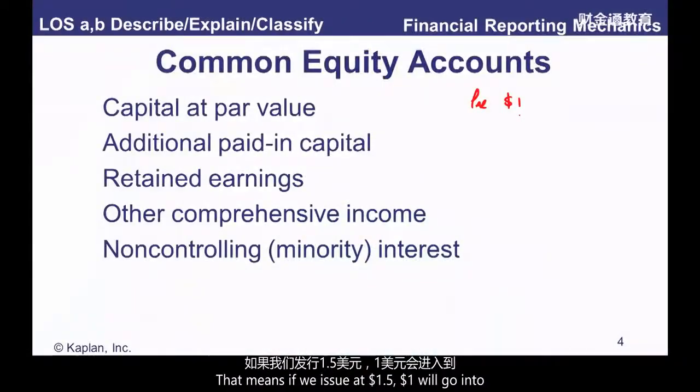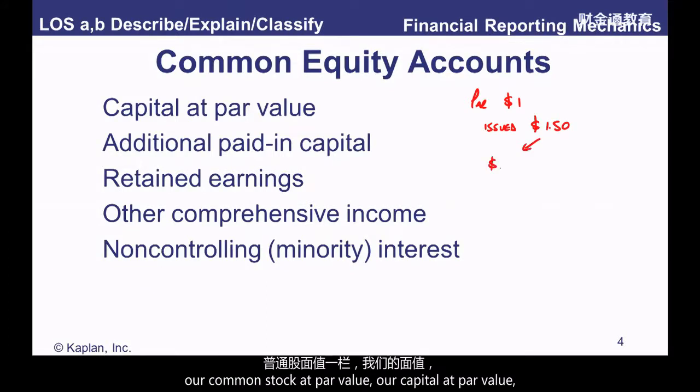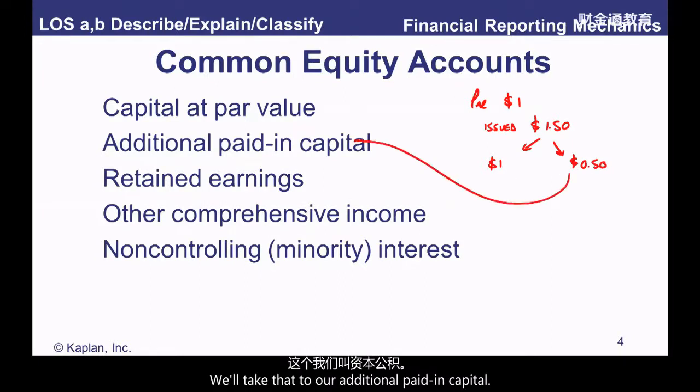Let's imagine that we've issued each share for $1.50. What that means essentially is that $1 will go into our common stock at par value, our capital at par value. The remaining 50 cents, the excess over par value, we're going to take to our additional paid in capital.